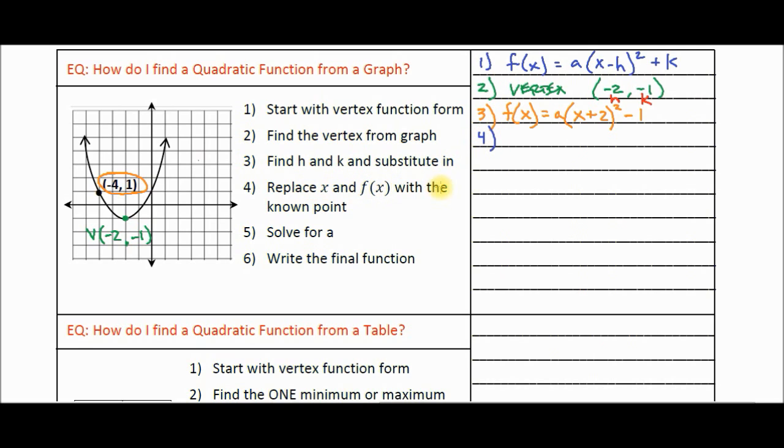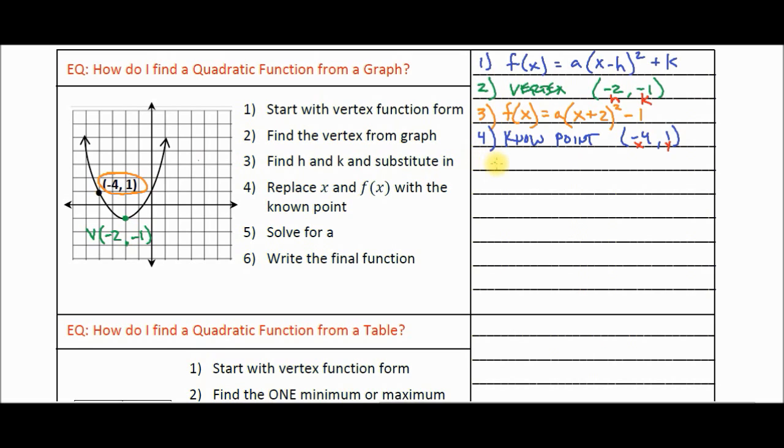So our known point on our graph is at -4, +1. We know the -4 is our x value, the +1 is our y value. So we can go ahead now and plug those into our equation.